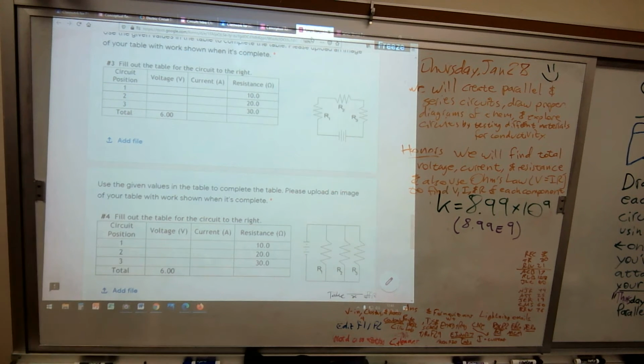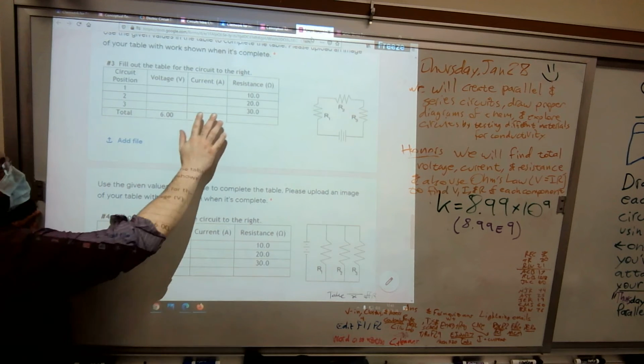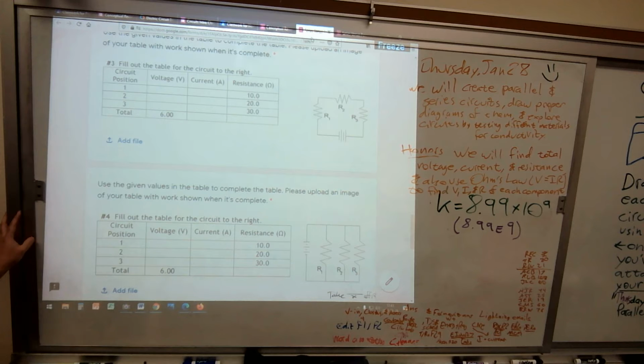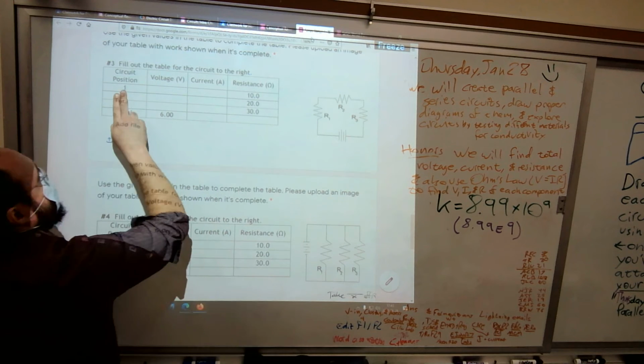We'll be calculating total current and total resistance and total voltage, and we'll be using V equals IR, and we've done all those things before. That's all these tables are, but once you get the whole thing filled out, that's all there is for this circuit. You can't figure out anything else for it in terms of voltage, current, and resistance. So we'll be getting the voltage, the current, and the resistance on each of these places. So that's what that means.